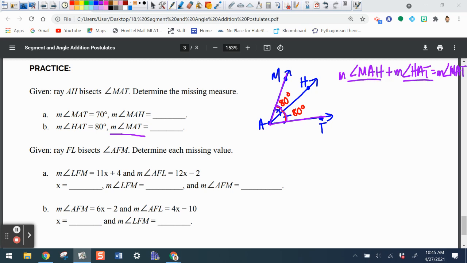So we know these two parts here, 80 degrees for both. So what is the measure of angle MAT? None other than 160 degrees. Again, just working on writing that formal equation, we're about to dive into the second part, which deals with algebra.